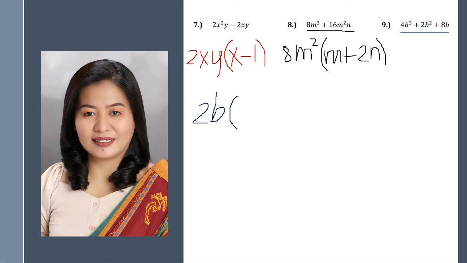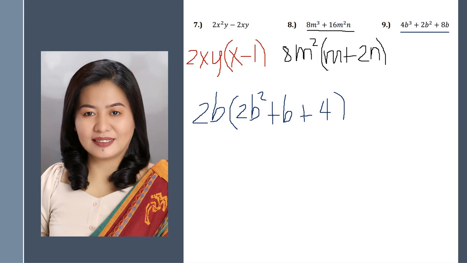And so we are going to divide. 4 divided by 2 is 2. B cubed divided by b is b squared, plus 2b squared divided by 2b is b, plus 8b divided by 2b is 4.